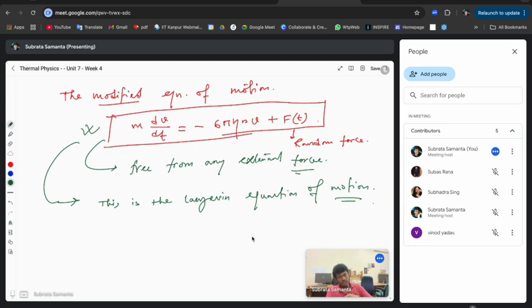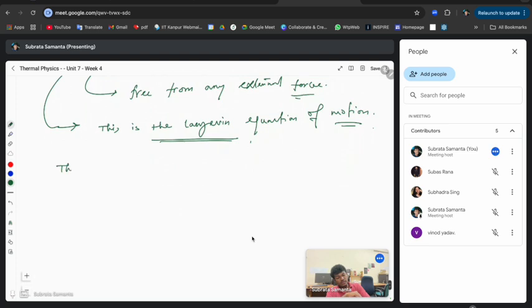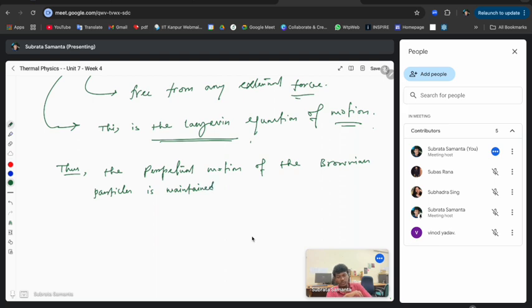So the conclusion is that the perpetual motion of the Brownian particle is maintained by the fluctuations.